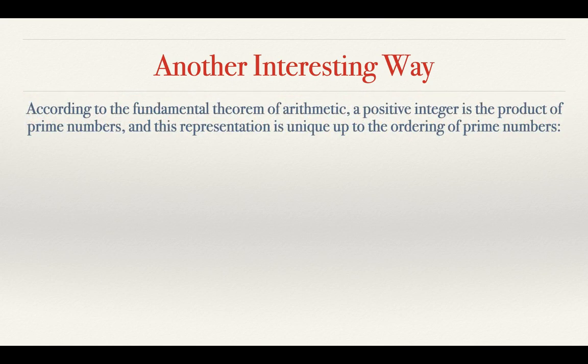According to the fundamental theorem of arithmetic, a positive integer is the product of prime numbers and this representation is unique up to ordering of prime numbers. Suppose we are taking a positive integer q and we are breaking it into its prime factorization and we can write it as the product form.